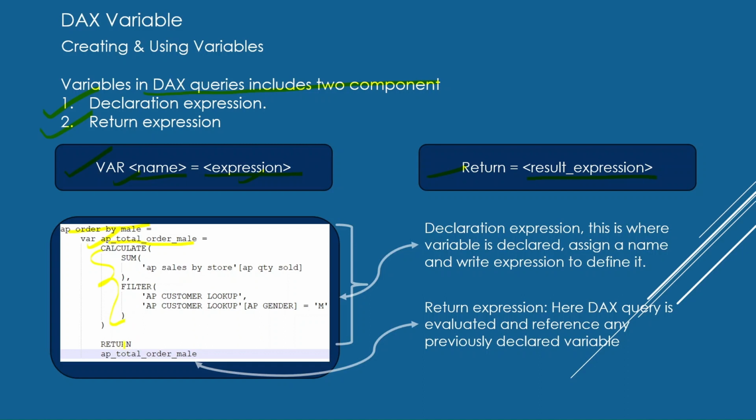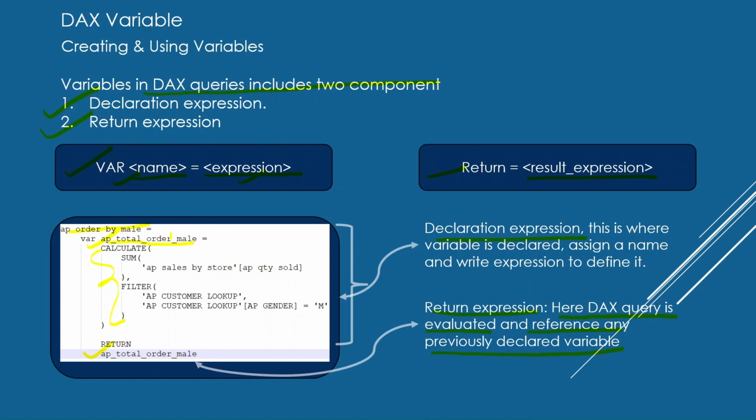And what we are doing, we are returning that variable. So first it is declare. This is the declaration expression, and this is the return expression. In the return expression, that query is evaluated and references any previously declared variable.